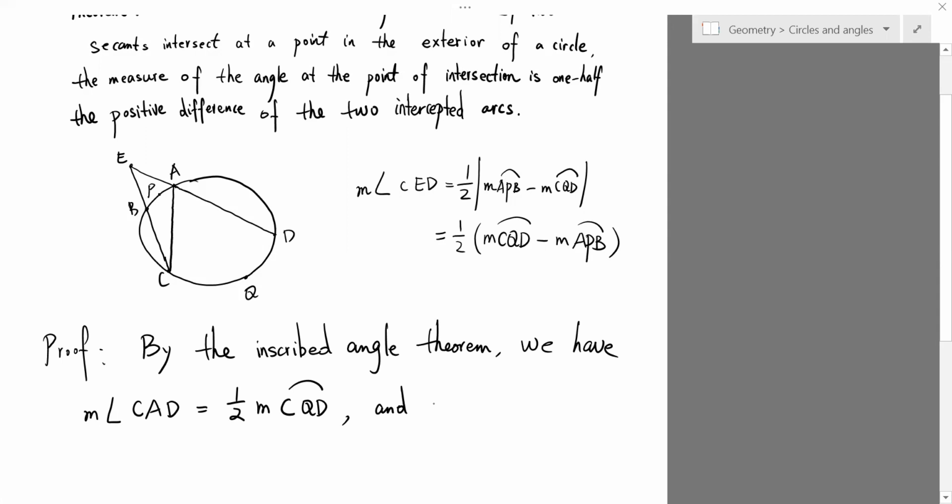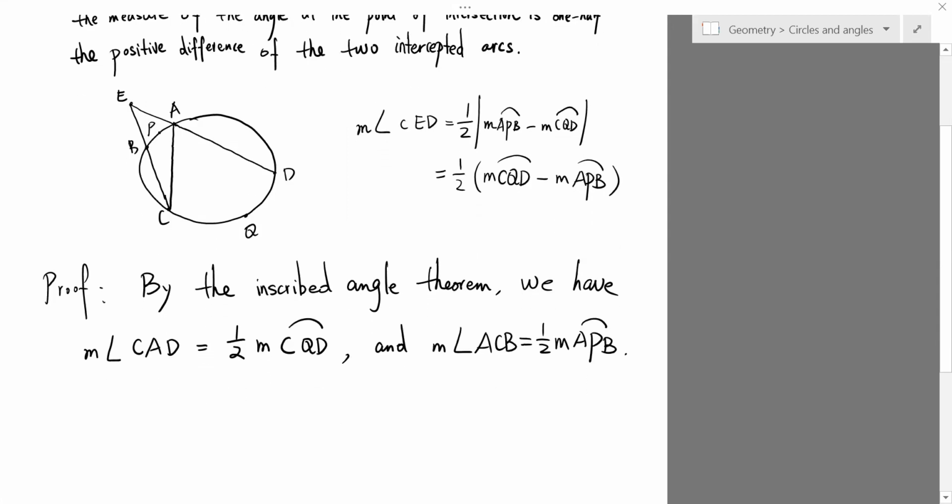And for the same reason, the measure of the angle ACB is 1/2 the measure of the arc intercepted, which is APB.